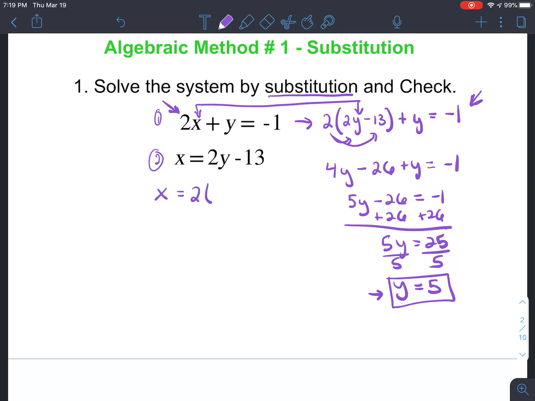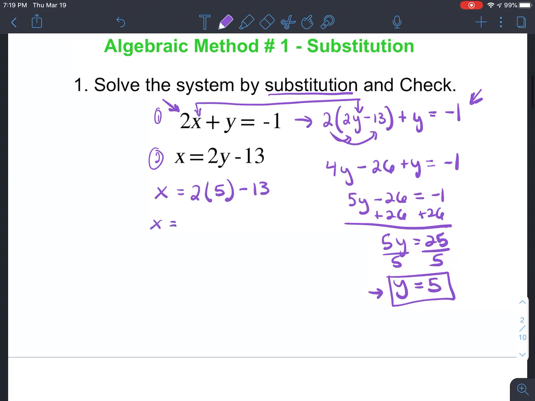And I'm going to plug in the 5 for y. So I get x is equal to 10 minus 13. So my x is equal to -3. So now that I have a value for both x and y, I have the complete solution. X is equal to -3, y is equal to 5. We can write this as an ordered pair, -3, 5.